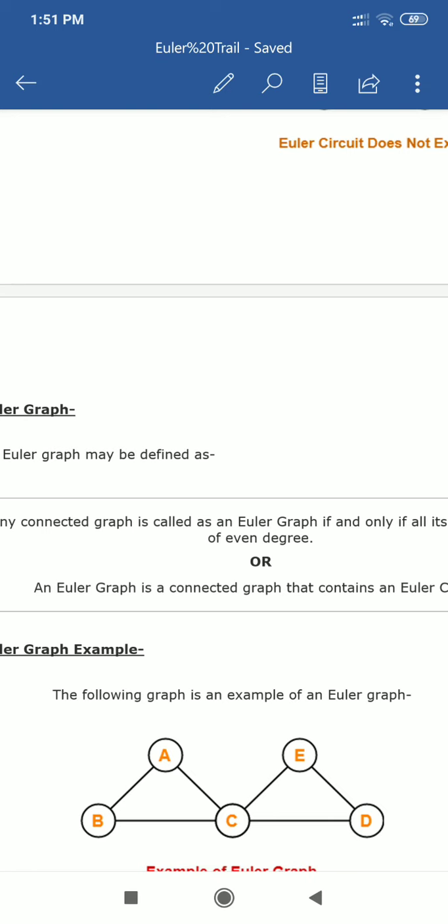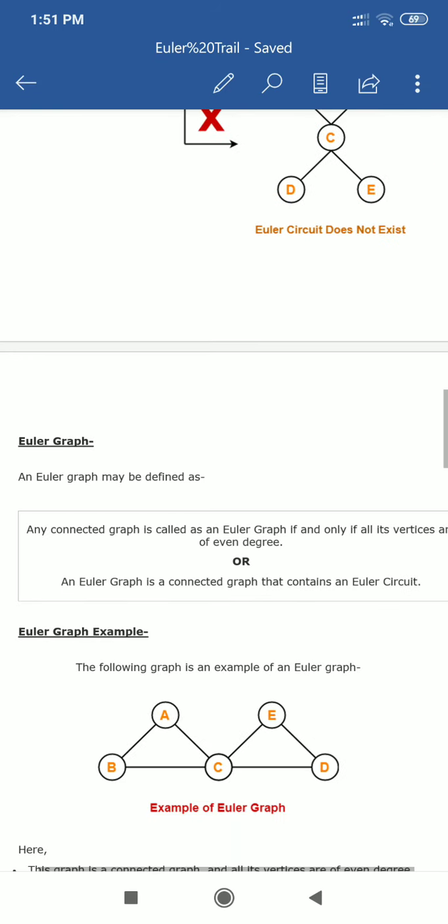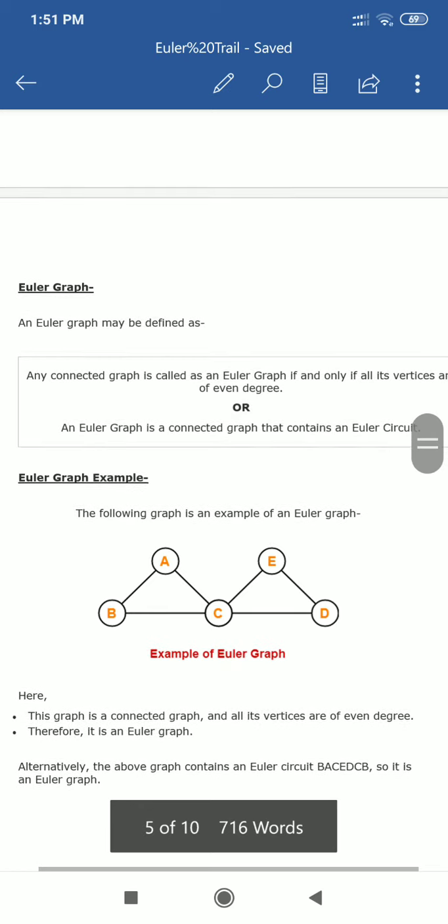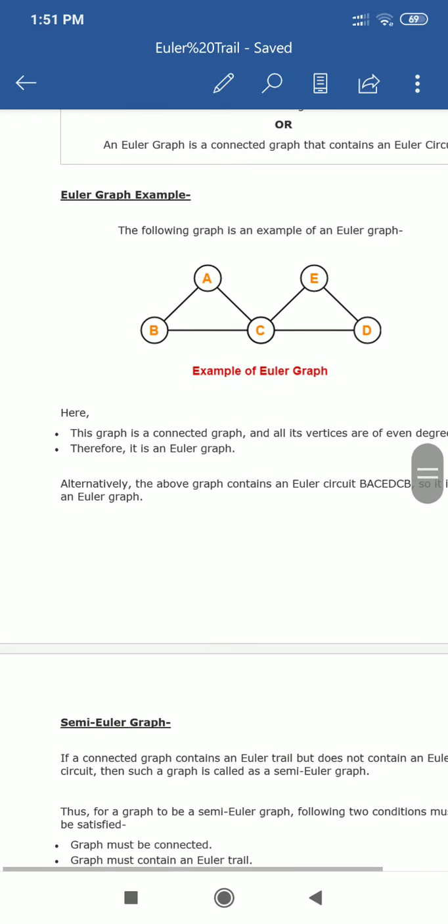That is why coming and going, the number should be even. That is why if the degrees are even, then the graph must be Euler.